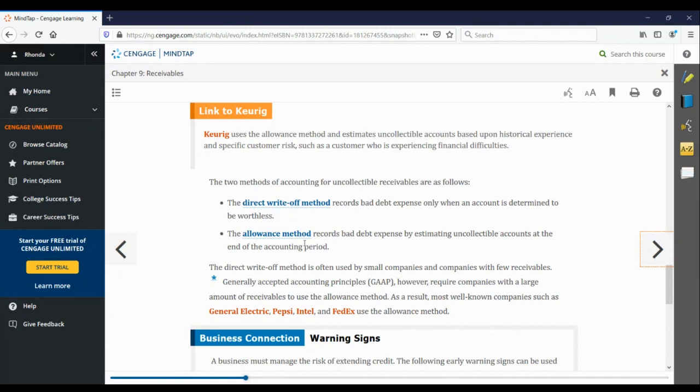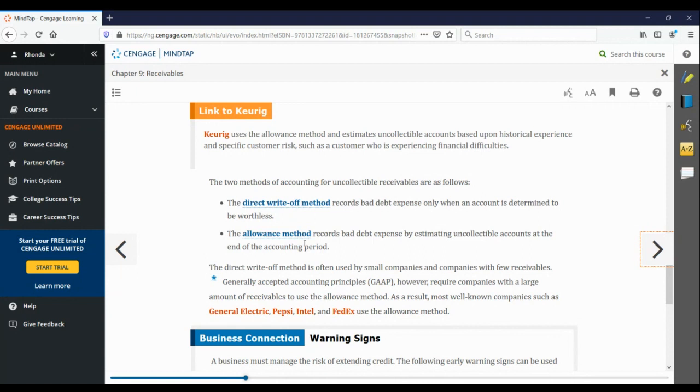So not only do we have to create an adjusting entry at the end of the accounting period, we also are going to have to write off the accounts using an allowance account. So the allowance method is a little bit more complicated than the direct write-off method is.